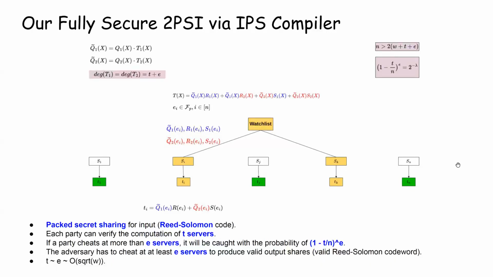The shares are the evaluations of these polynomials on endpoints e_i, or the Reed-Solomon code of the input polynomials. At each server, the parties compute the share T_i of the output polynomial T(x). The correctness of T is guaranteed by the watchlist.